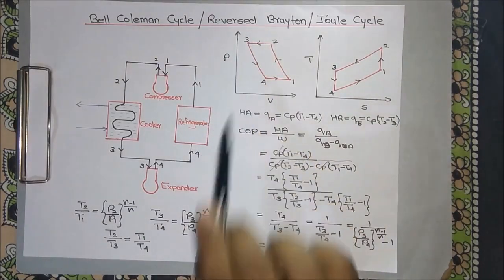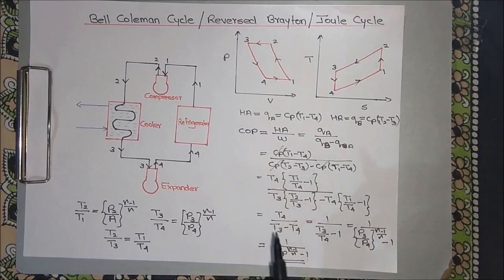This is defined as the compression ratio or expansion ratio, and it is denoted by RP. So reducing it into the form of RP, we get 1 by RP whole raised to gamma minus 1 by gamma, minus 1. This is the final equation for the COP of a Bell-Coleman cycle.